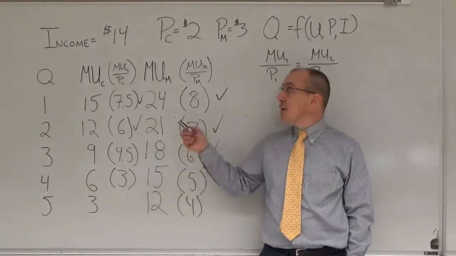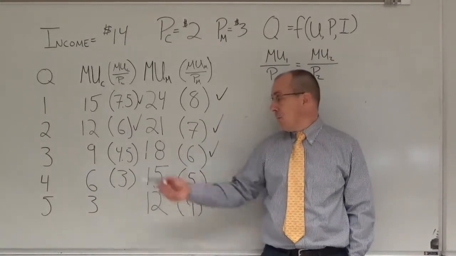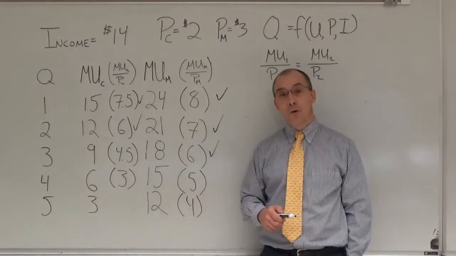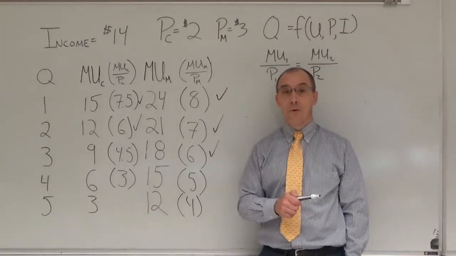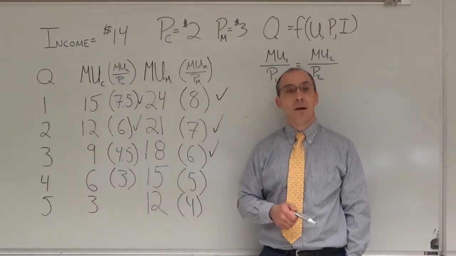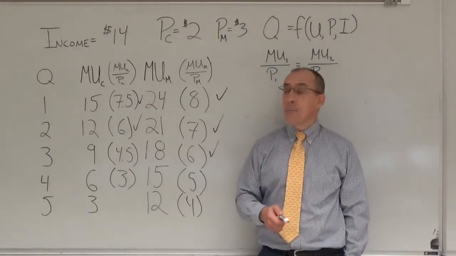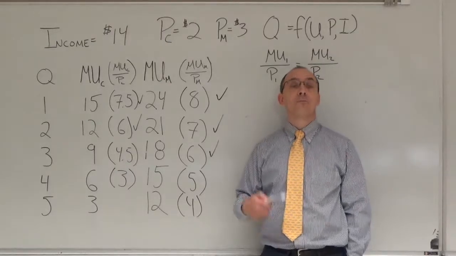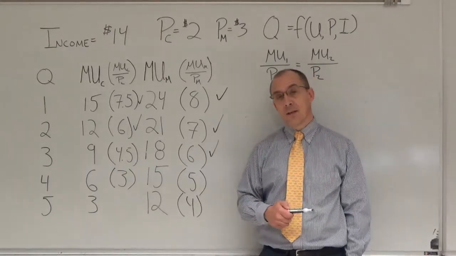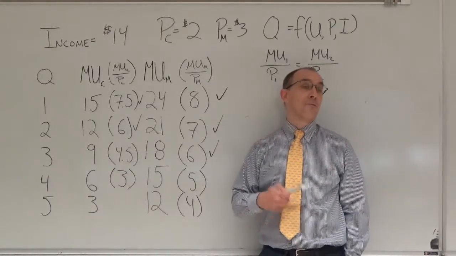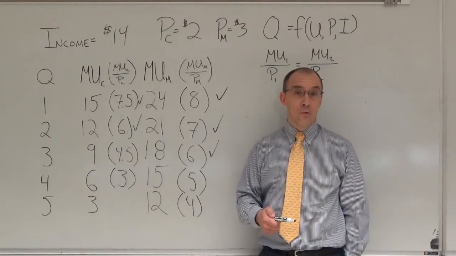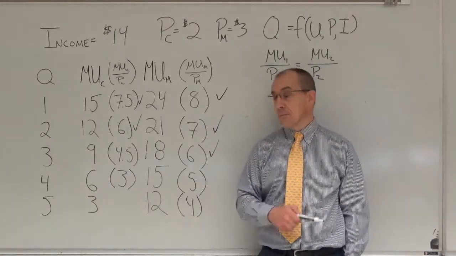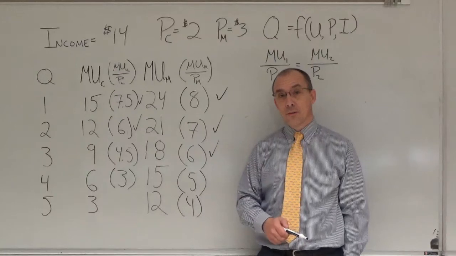And we can see that if we increase his income, he will buy more of both goods, right? He will buy more of one or more of the other. He's indifferent to either one. Therefore, we could assume that both cookies and milk for Cookie Monster are normal goods. He buys more of them as his income goes up. An inferior good would be one where he would buy less of as his income goes up. And both of these appear to be normal goods.